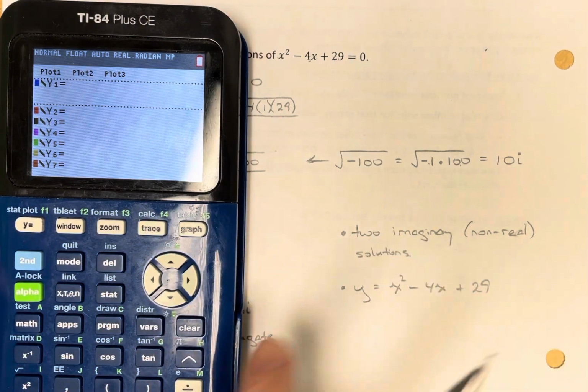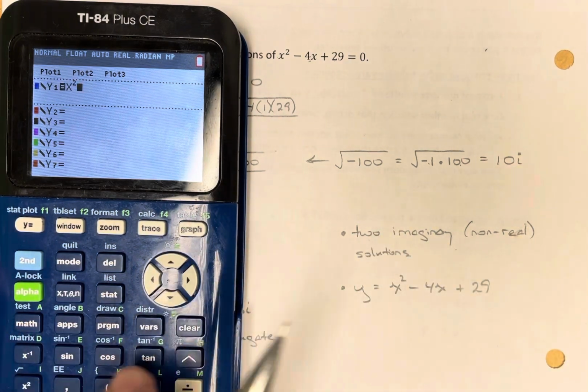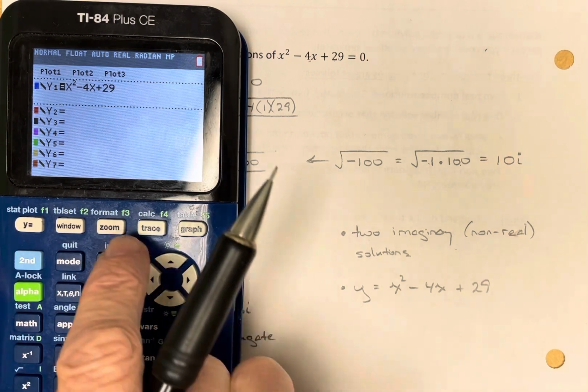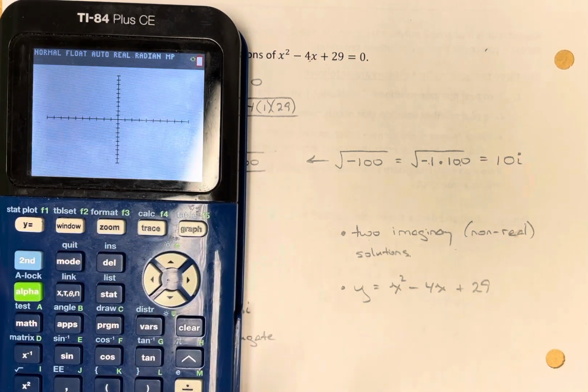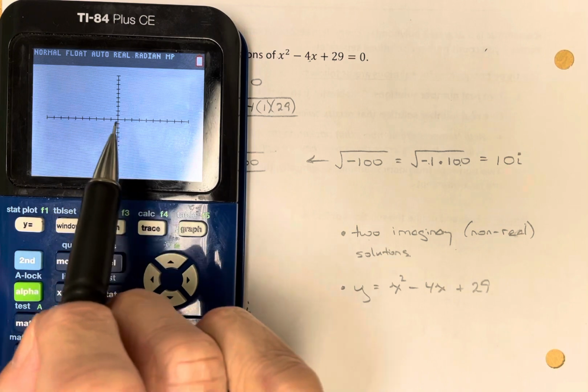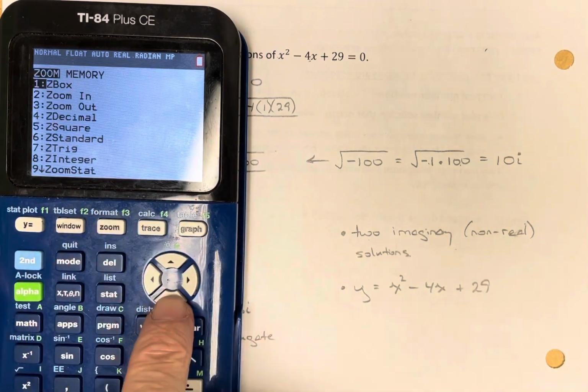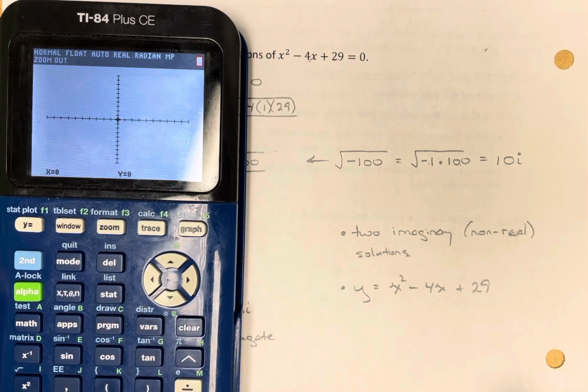Okay, x squared minus 4x plus 29. Let's make sure I'm in the standard window this time. Here comes the graph. Do I even see it? It's not going to touch the x-axis. I don't. It's not in my negative 10 to 10 window. So I'm going to zoom out. And let's see if I can find it.